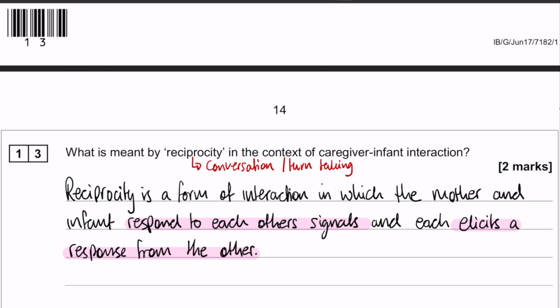The infant and the caregiver are responding to each other's signals, but they're doing so in a way that elicits a response from the other, which means it provokes or encourages a response from the other, which is effectively a conversation between caregiver and infant. And that is your 2 marks.